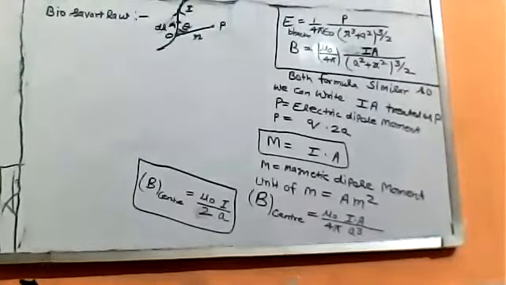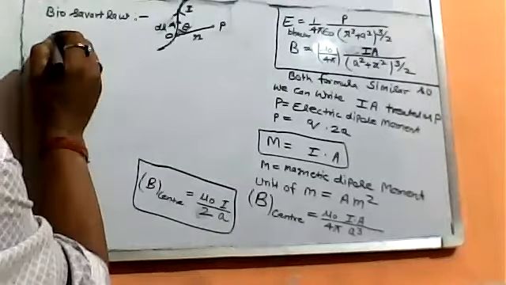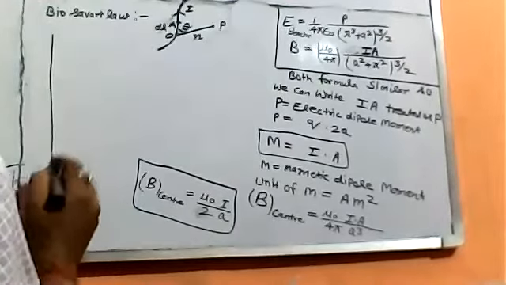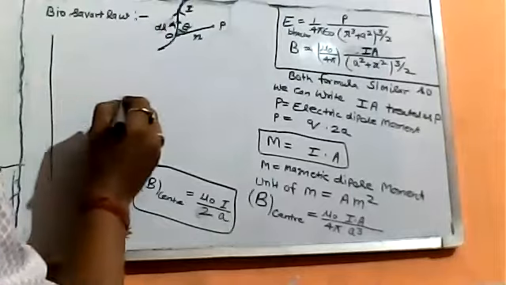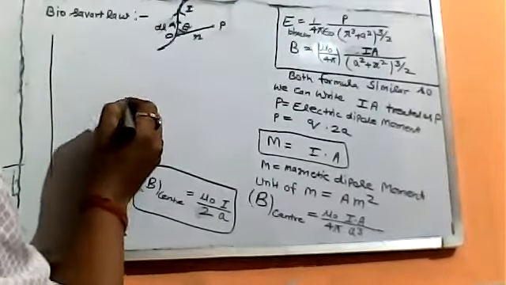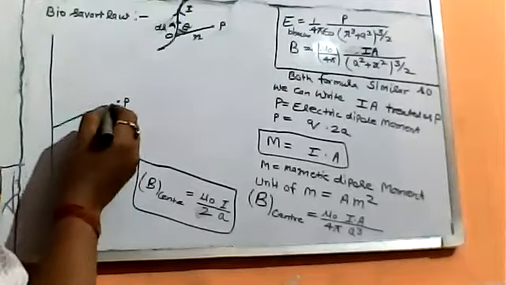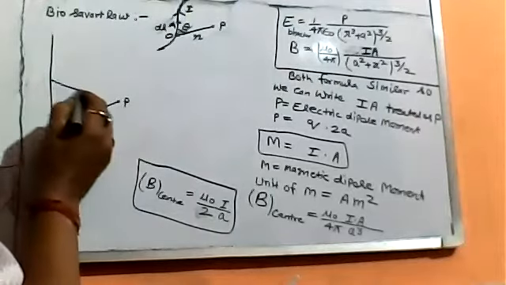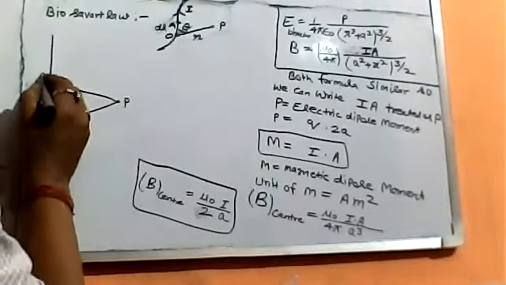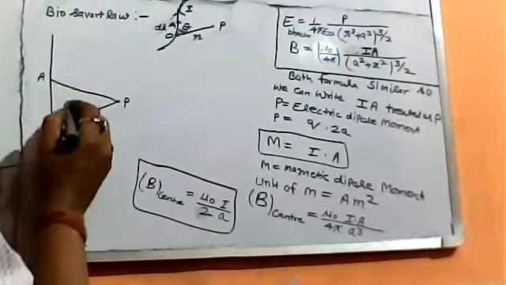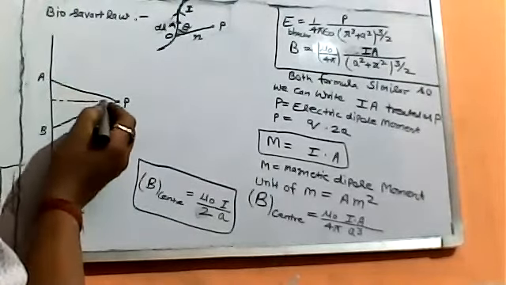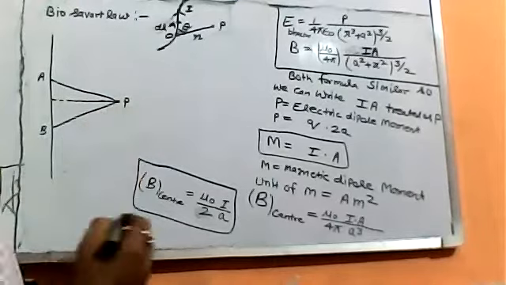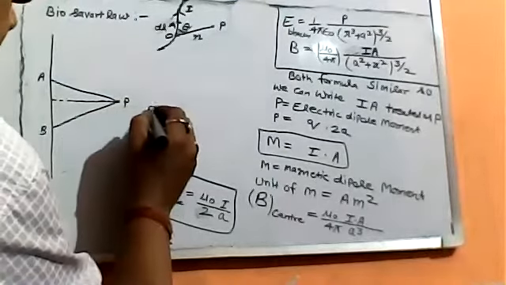Since the second case is a straight conductor, due to this straight conductor at point P we want the magnetic field intensity at point P. This is the portion AB, length dl. I will not discuss the derivation of the formula; directly you can learn it.